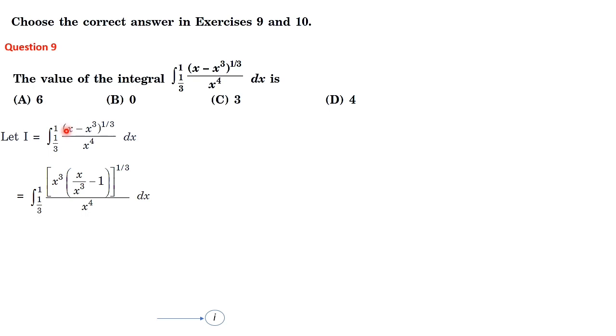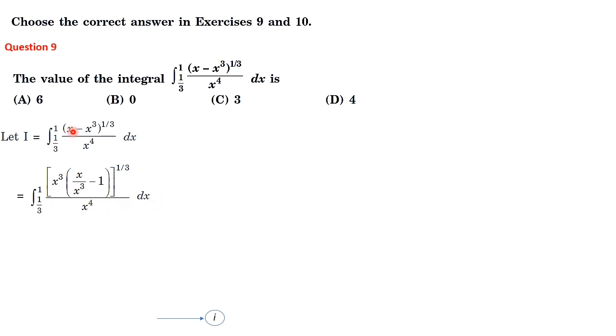Then from x, if I am taking x cube outside, the balance will be calculated by dividing by what I have taken, that means x divided by x cube, minus here x cube is fully taken outside, that means 1 balance. How we got 1? x cube divided by what I have taken outside, x cube by x cube is 1, the whole power 1 by 3. So this x cube also carries this power 1 by 3, divided by x power 4 dx.